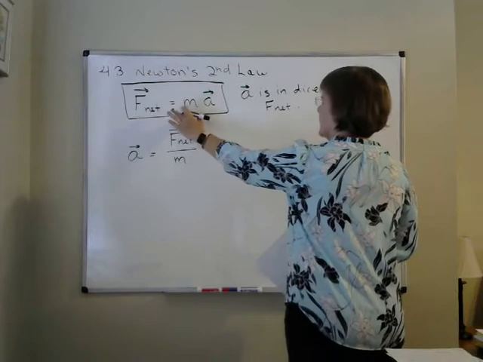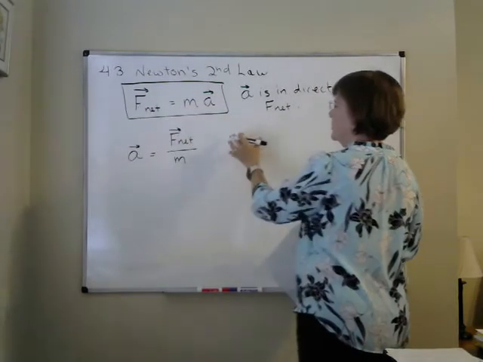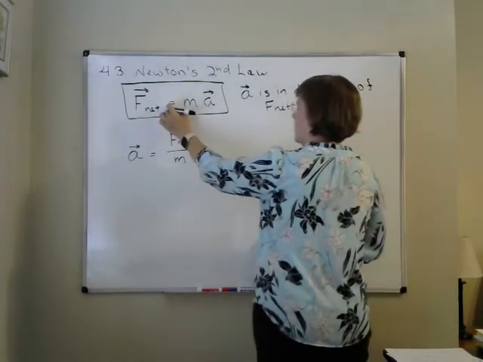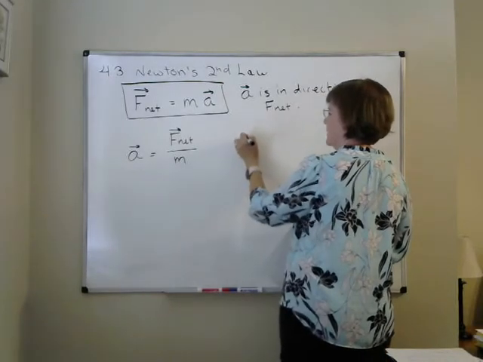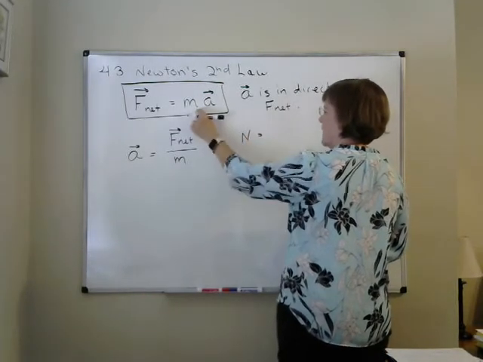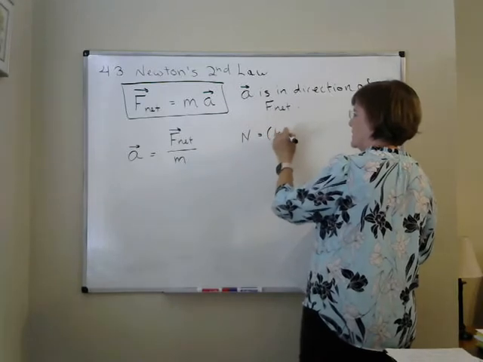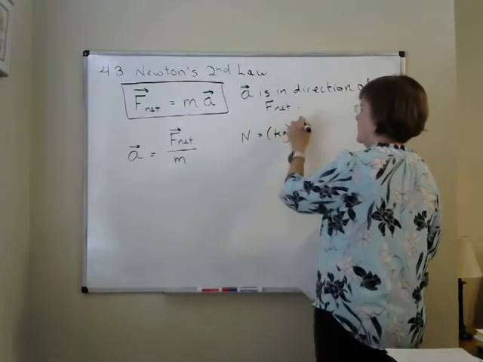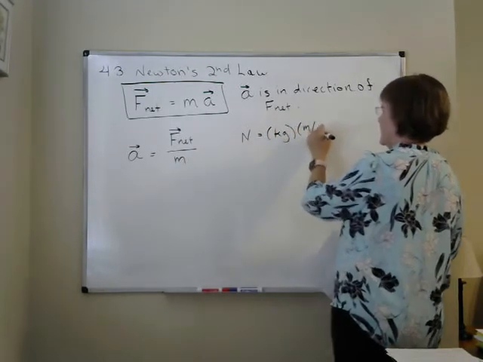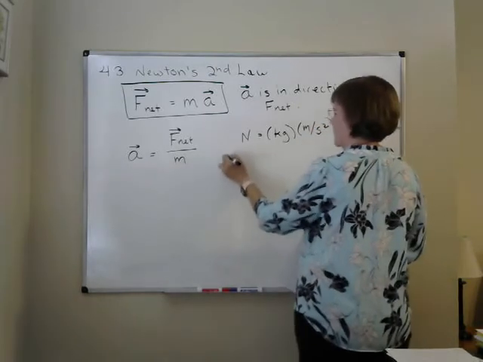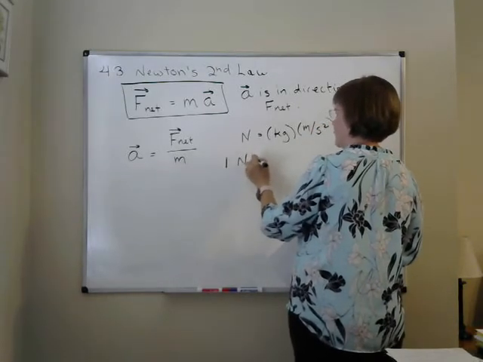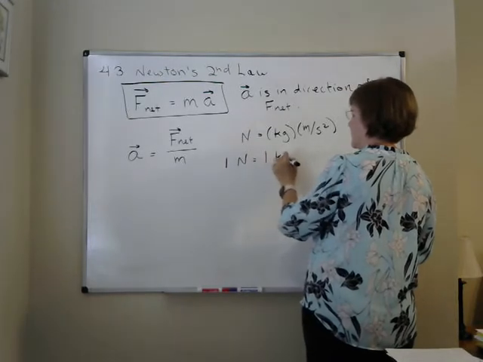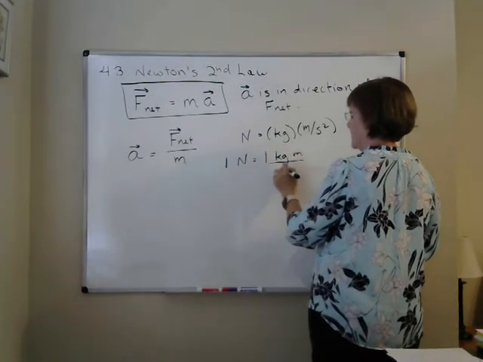This gives us some indication of what a newton has to be. We call this unit for net force a newton, but we know mass is measured in kilograms, and acceleration is measured in meters per second squared. So we now know that 1 newton is actually 1 kilogram meter per second squared.